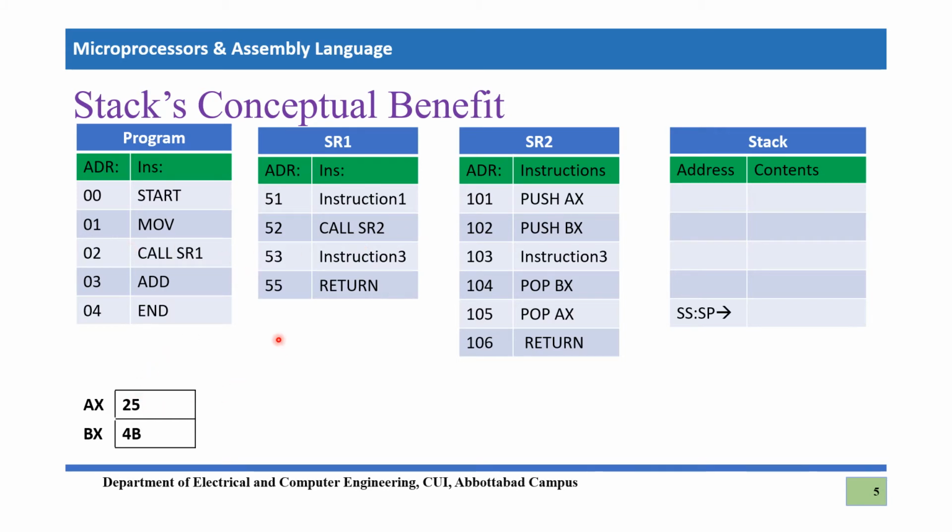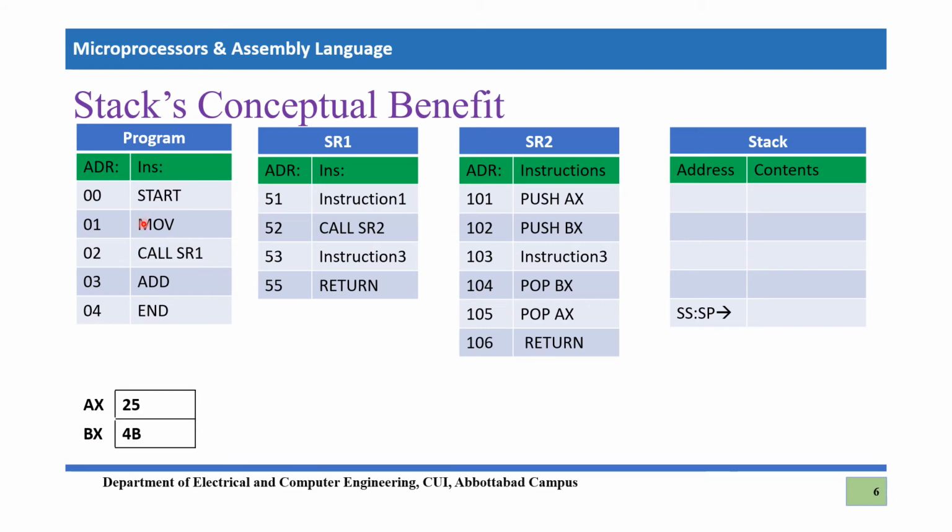So it is just a dummy value, so don't consider them actual values, because if you remember, AX and BX are data registers and their content should be 16-bit, but in this picture their content is just 25 and 4B hex, which is of course not 16 bits. So it is just a dummy value and we are trying to learn only the concept.